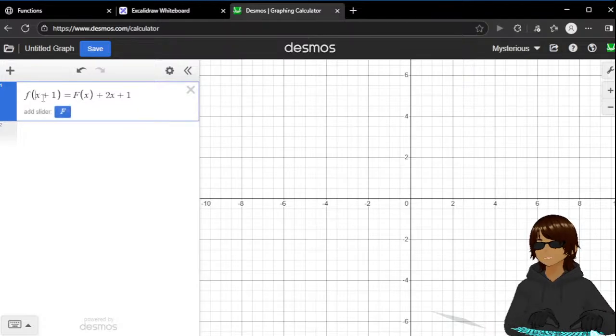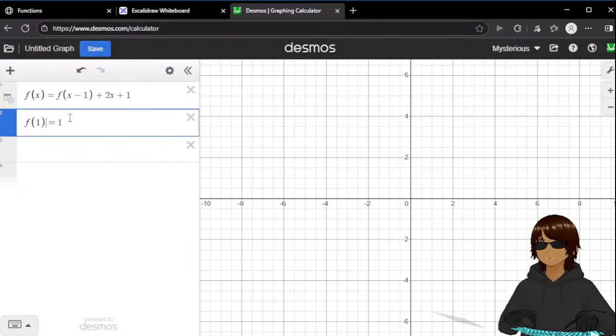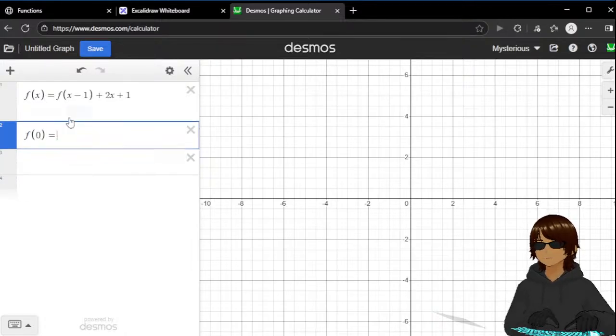Wait, hold on. f(x+1) is equal to f(x) minus 1. The base case is 0, 0.